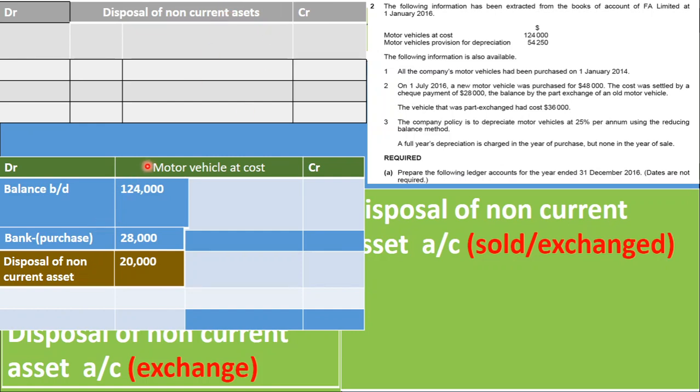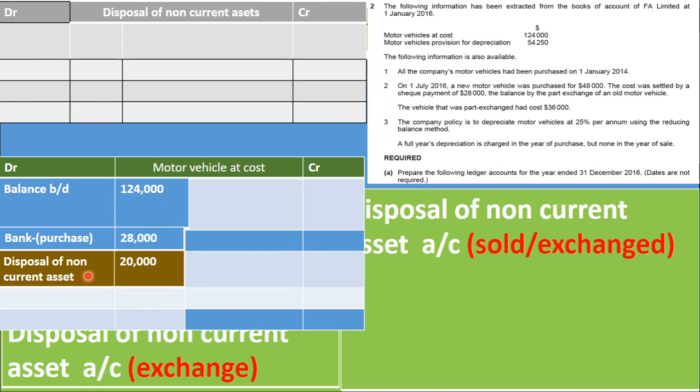Now see here, let's make a journal out of this. When you have to make a journal entry in this side, it is motor vehicle at cost account debit, disposal of non-current asset account credit. So it means in this ledger it has to come in the credit side, or you can think of it the other way. If in the motor vehicle cost account it is in the debit side, in the ledger that is disposal of non-current asset, it has to be in credit.